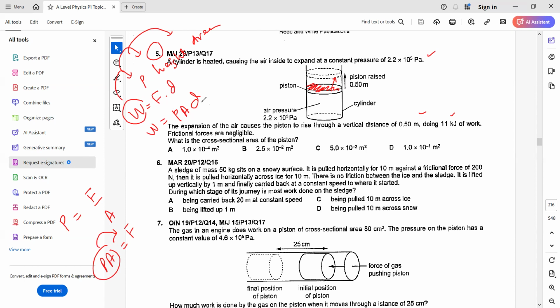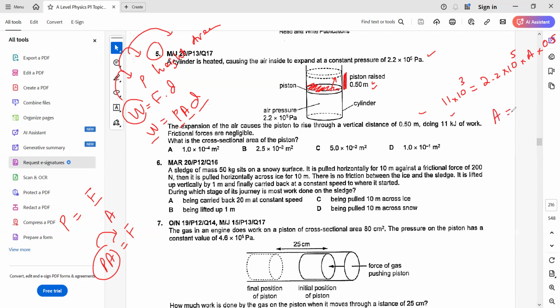Now, displacement is clearly given. That's 0.50 meters. So I think we now know everything. We know work done, we know pressure, we know displacement, and the area is required. Let's just substitute it. So 11 kilojoules, that means 11,000 joules equals pressure, that was 2.2 times 10 to the power 5, times area, which is required, times the displacement the piston had, that's 0.5.